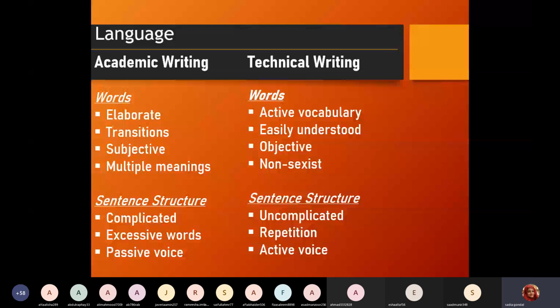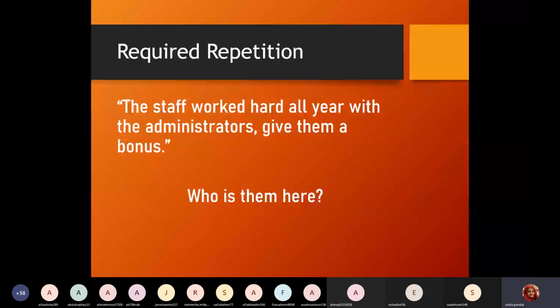Interesting. Repetition is allowed in technical writing. How? Let me give you an example. Have a look at this sentence. The staff worked hard all year with the administrators. Give them a bonus. Now, who is them over here, the staff or the administrators?